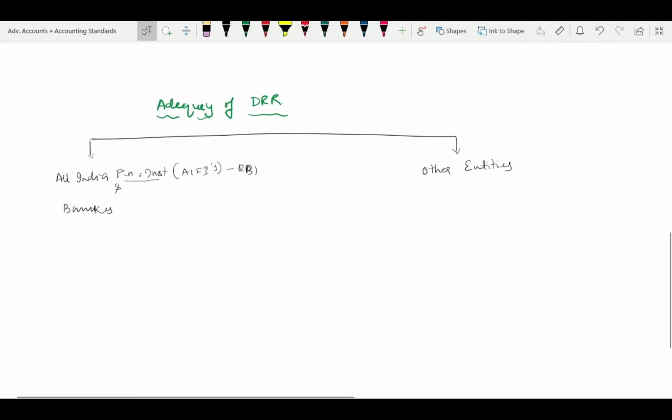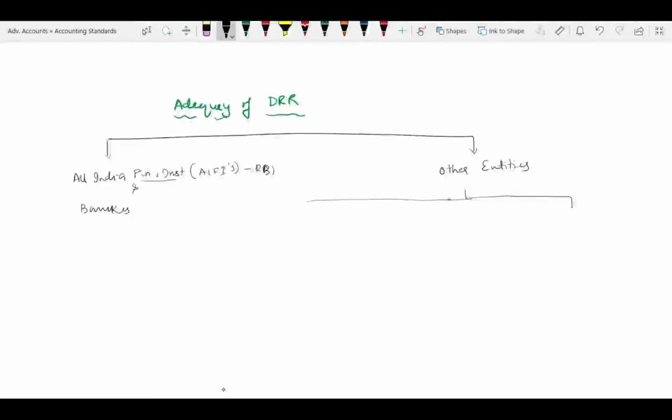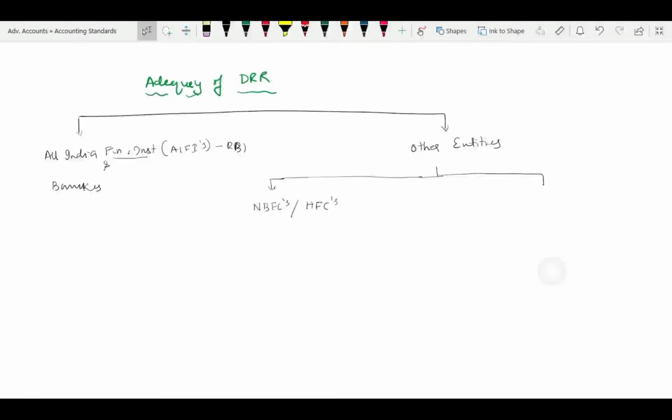Next, other entities. Here other entities are classified into two types: NBFCs and HFCs, housing finance companies, then other companies.